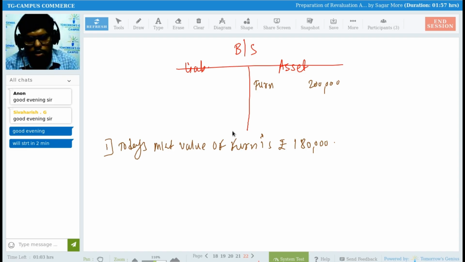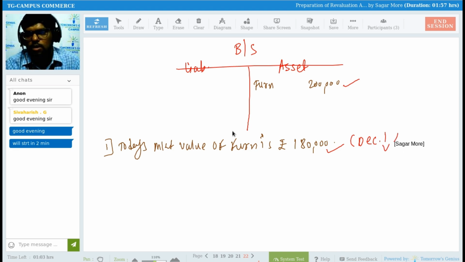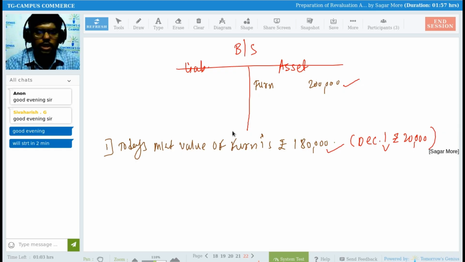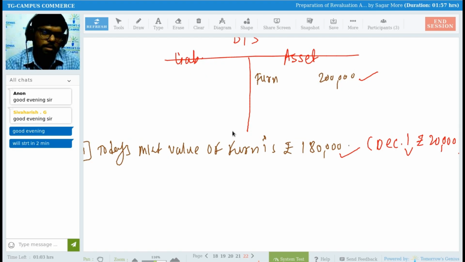So first of all, tell me whether the value of furniture increased or decreased here? Decreased. As per the balance sheet, the value was 2 lakhs. Now today's value is 1,80,000. So it decreased by how much? 20,000. So if it decreased by 20,000, is it a loss or gain for me? Loss.